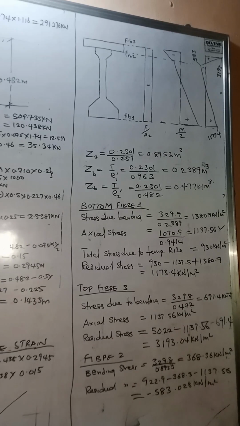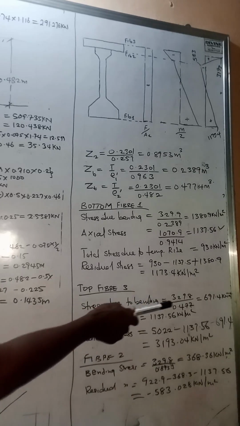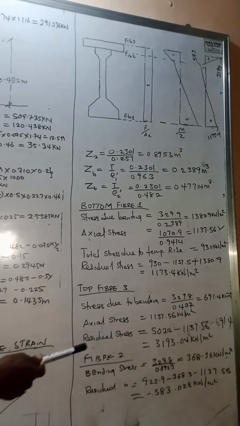Now let's go to fiber number 3. Fiber 3, similarly, we do the same. We have the sectional modulus with respect to fiber 3, which is a top fiber, and the stress due to bending is known, is 691. Axial stress remains constant.